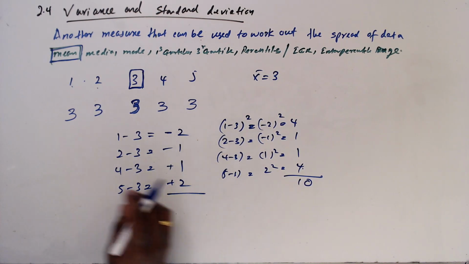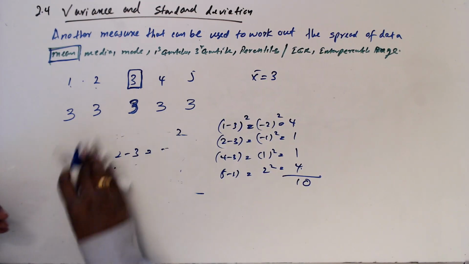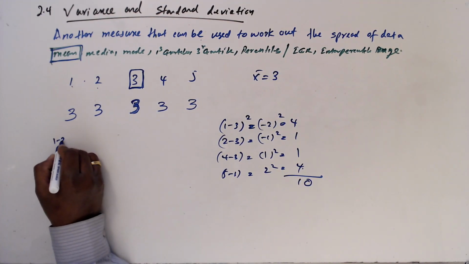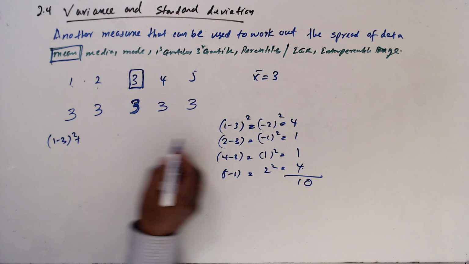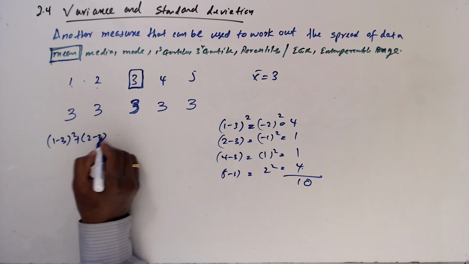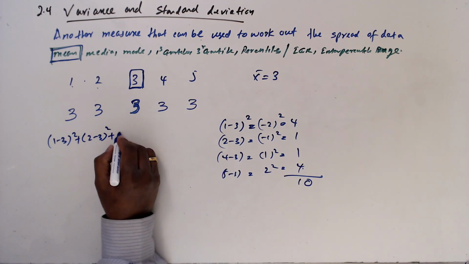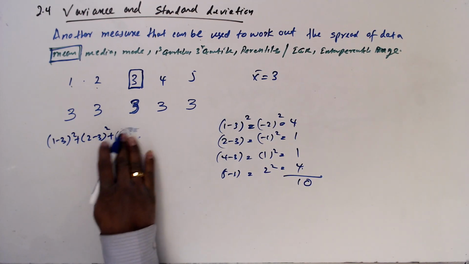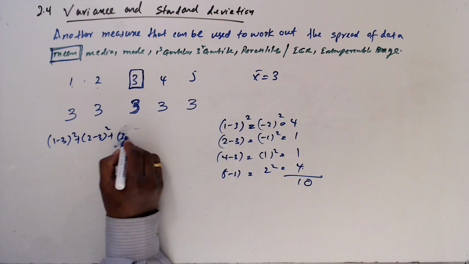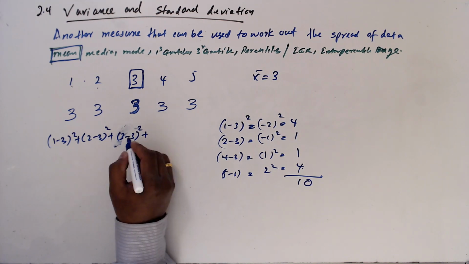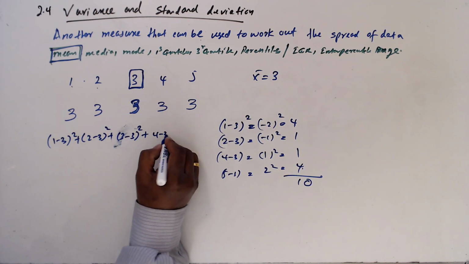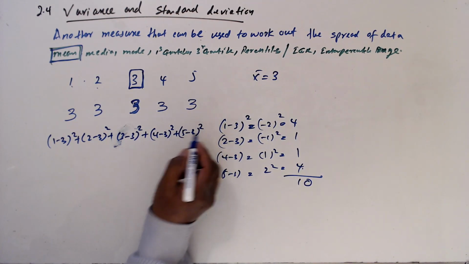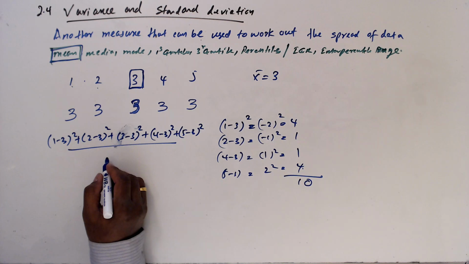So I will rewrite it like this: 1 minus 3 squared, plus 2 minus 3 squared, plus 3 minus 3 squared, plus 4 minus 3 squared, plus 5 minus 3 squared, square root.